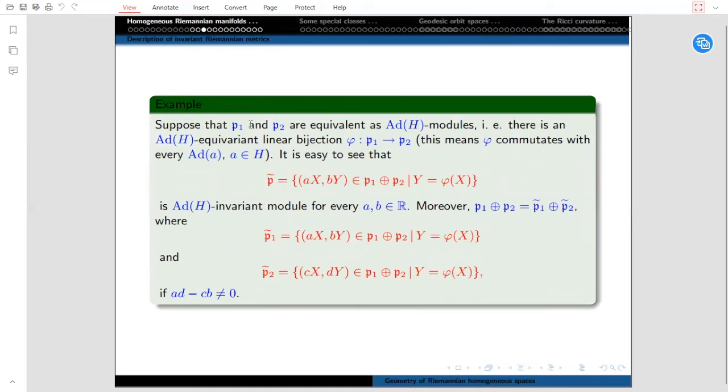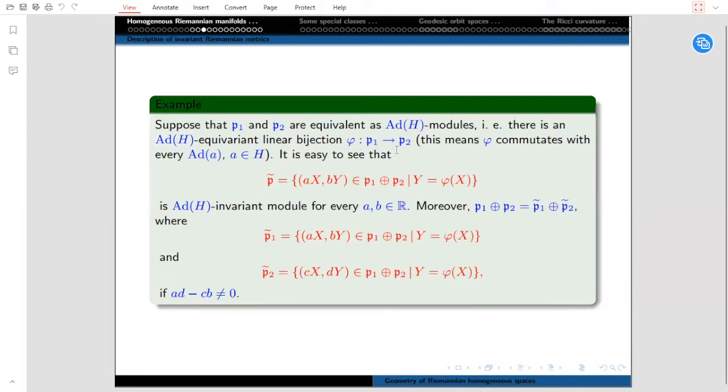If we have two equivalent H modules, P1 and P2, then there is some H-equivariant linear bijection between them, say phi.